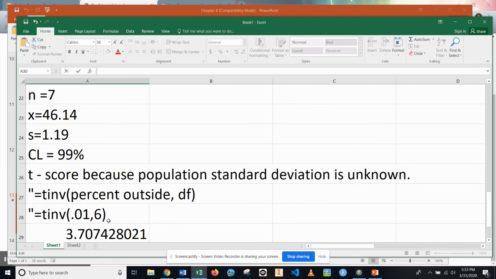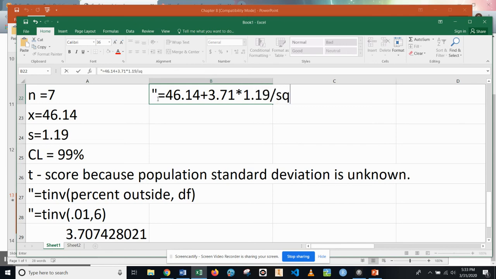So now we have a t-score. We have a mean. So we'll take our mean and we're going to add our t-score. Again, we use a t because we don't know the population standard deviation. All I know is the sample.